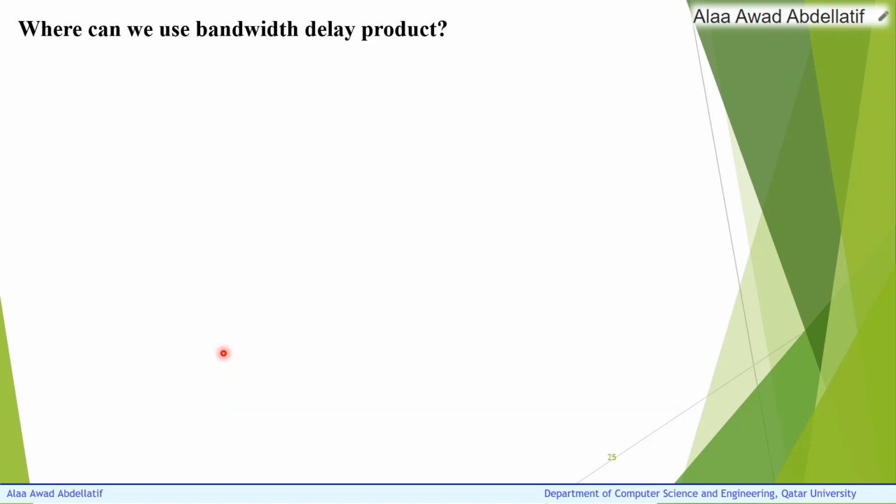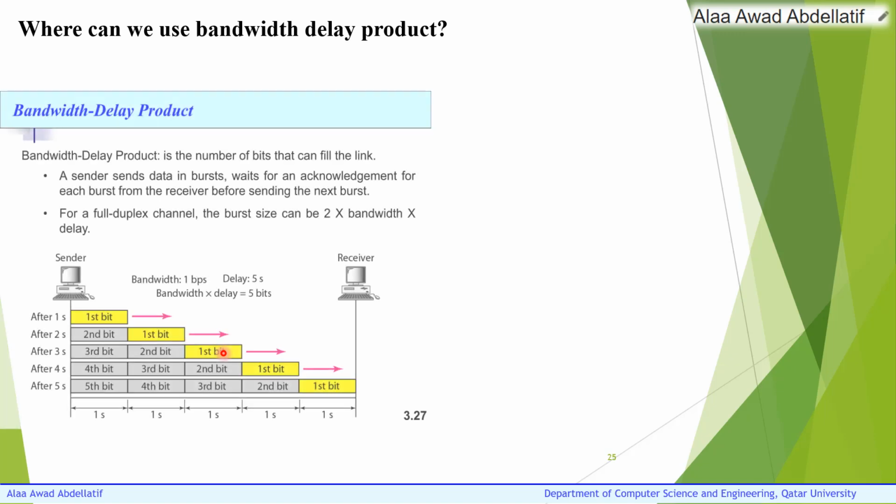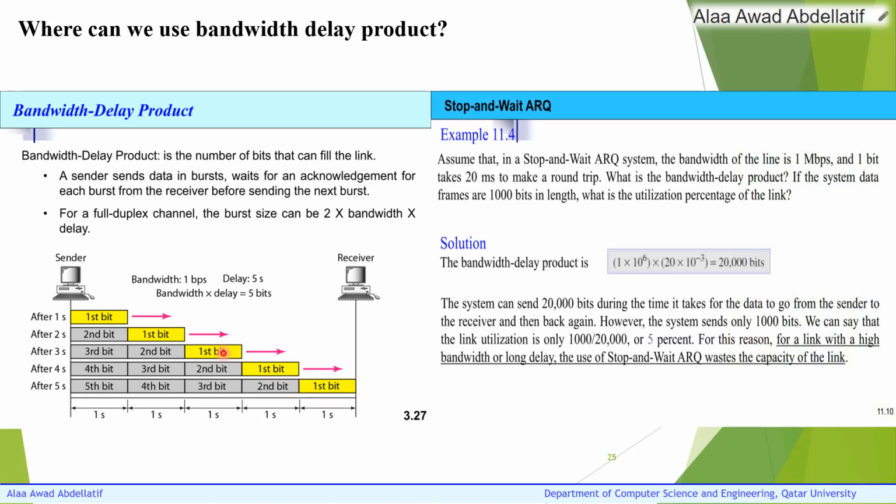Where can we use the bandwidth delay product? The bandwidth delay product is the number of bits to fill the link. When we use it for link utilization, I need to account for the efficiency or percentage of utilizing the link. I have to use the bandwidth delay product, then see how many bits I send.